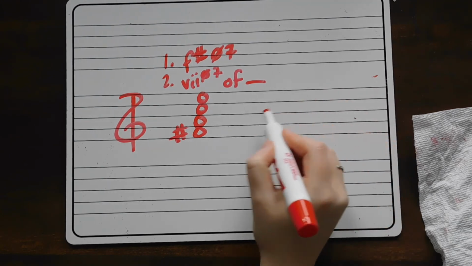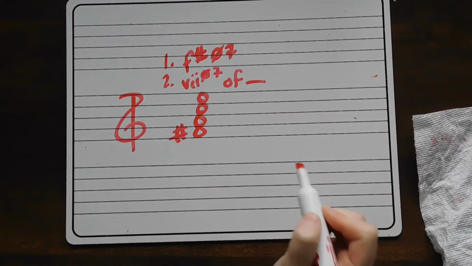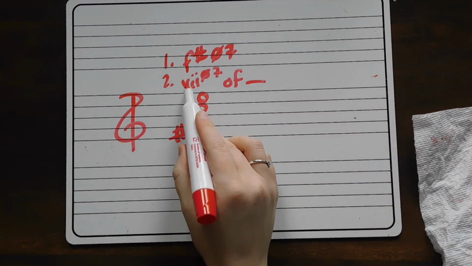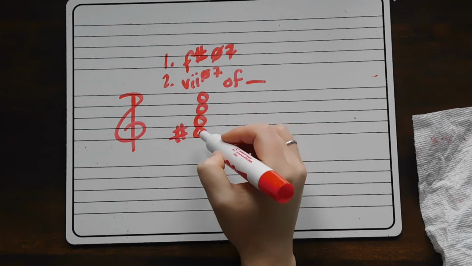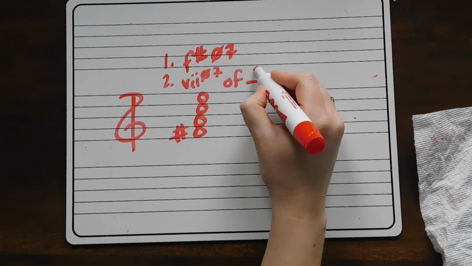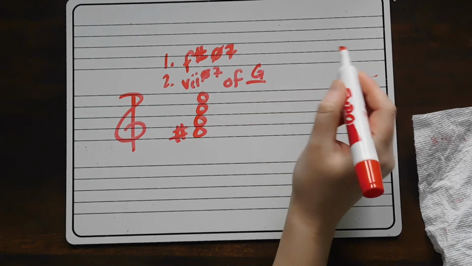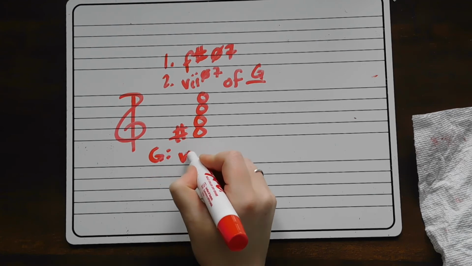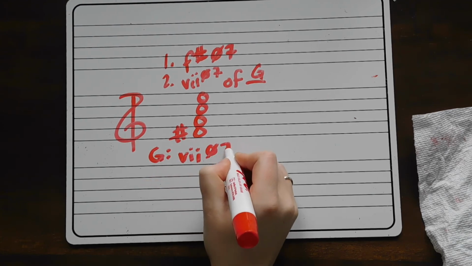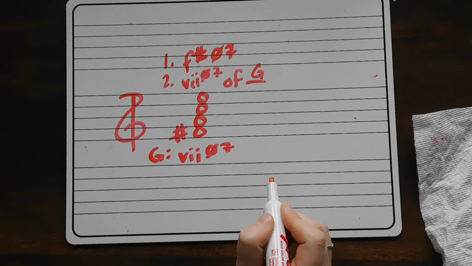Again, it's the same process. What is F sharp a half step away from? Because this is the 7th scale degree of some key, right? So if it's the 7th scale degree of some key, it's going to be of G, right? Which then, labeled, if we're in G, this is your 7 half diminished 7th, naturally occurring in that key.